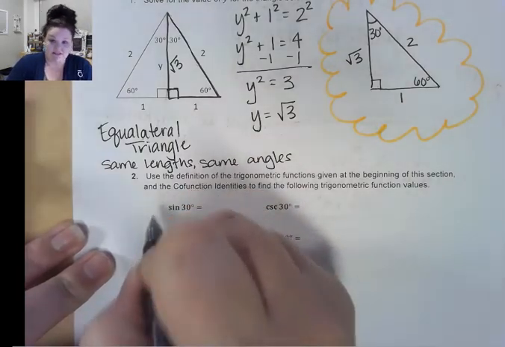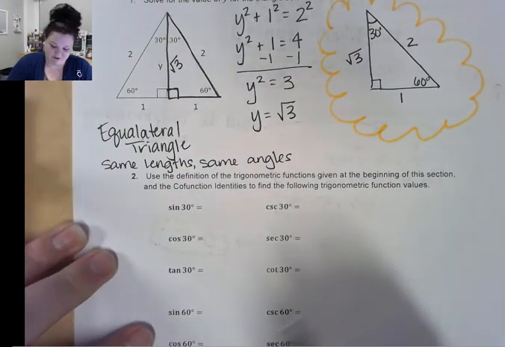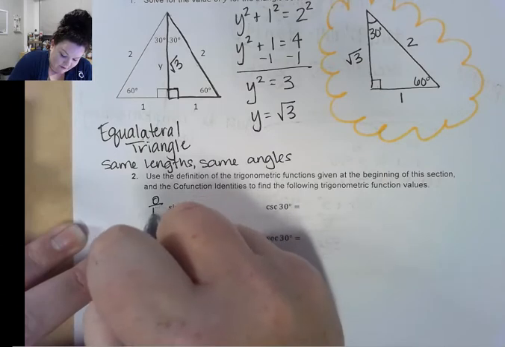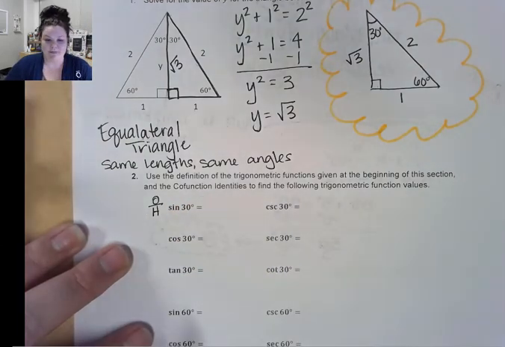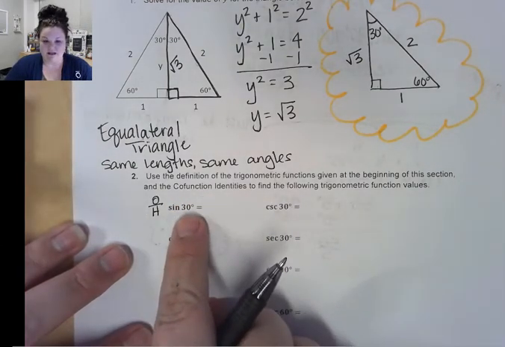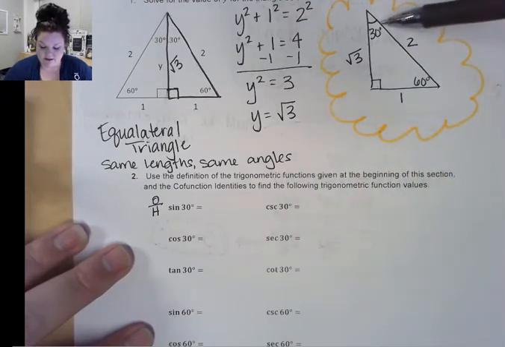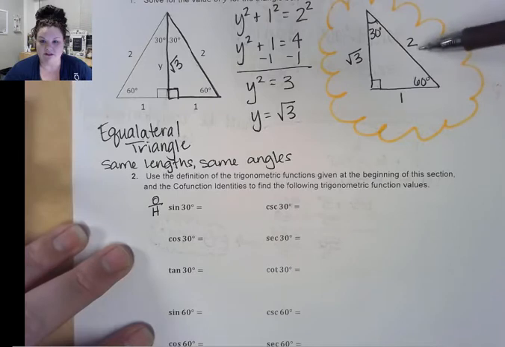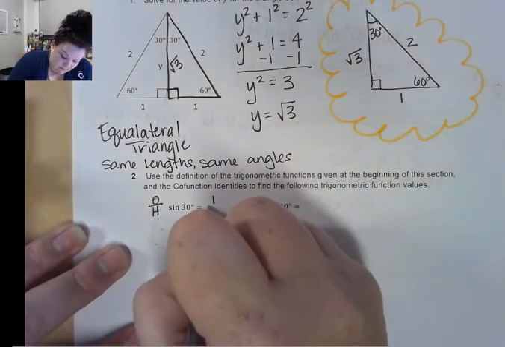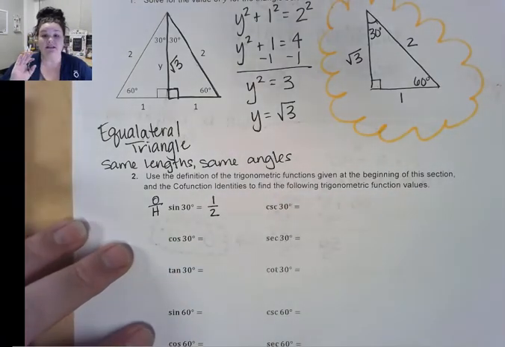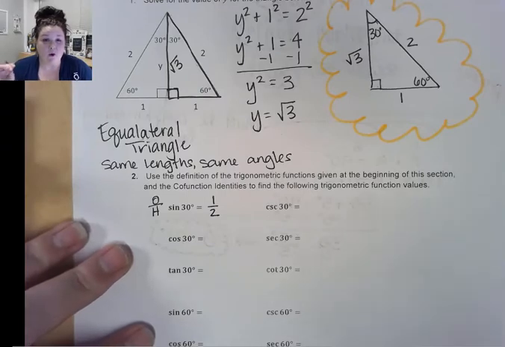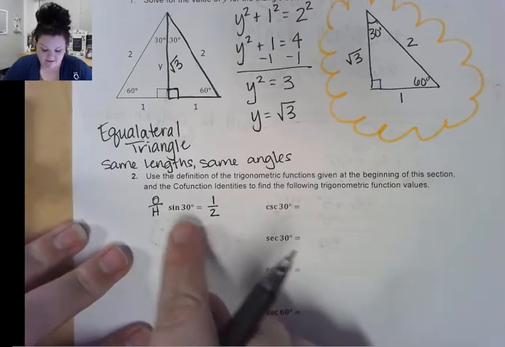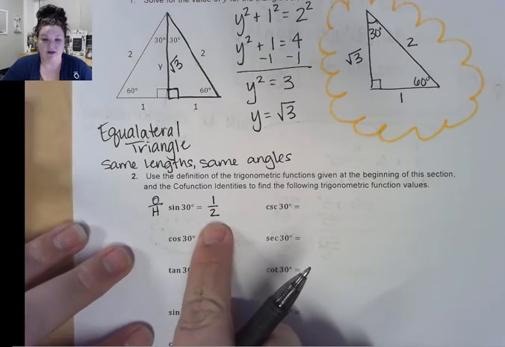So let's start with sine. Sine is the SO of our SOHCAHTOA, so that's opposite over hypotenuse. For the sine of 30, if I look up here at 30, the opposite side is 1 and my hypotenuse is 2. So this gives me 1/2. I'm going to stop right there and see what else I can fill in, knowing that the sine of 30 is 1/2.